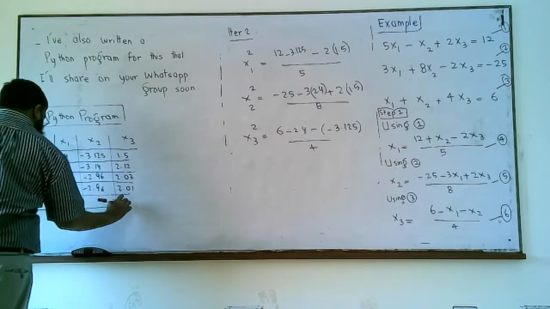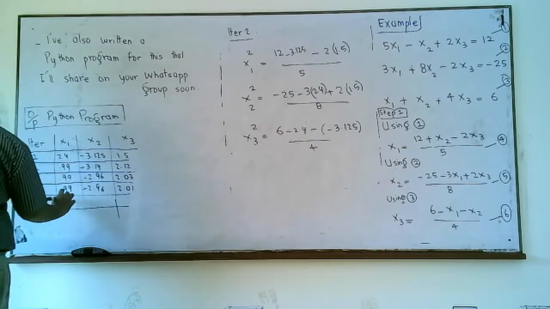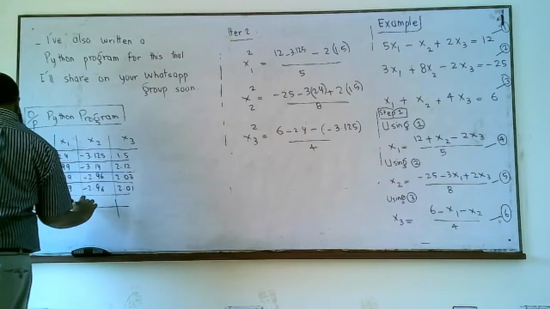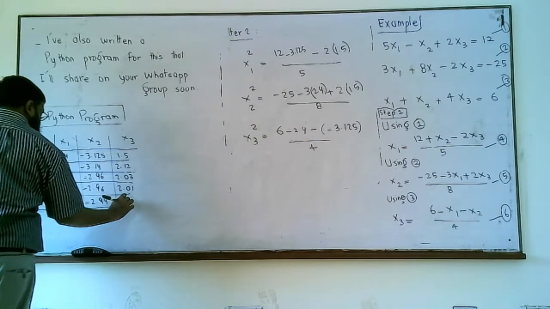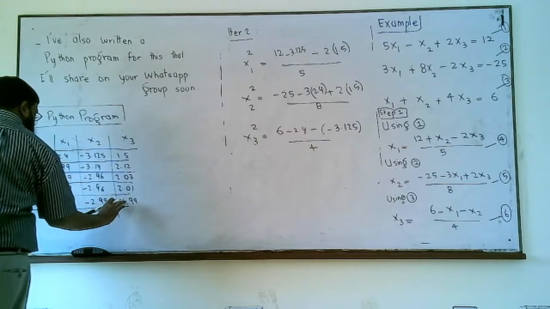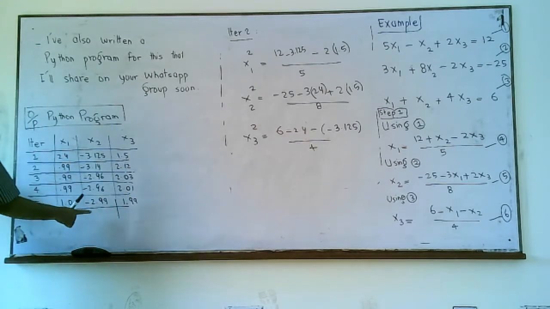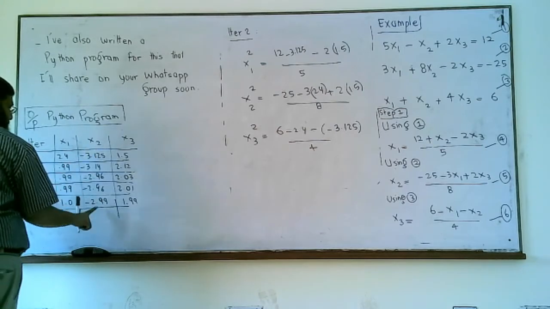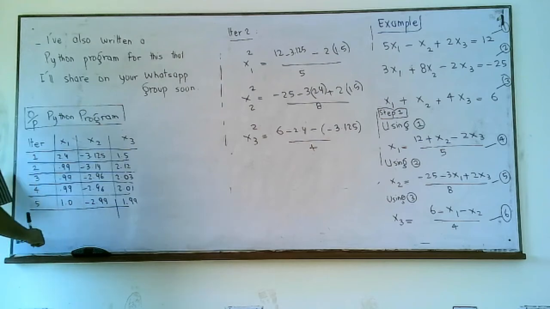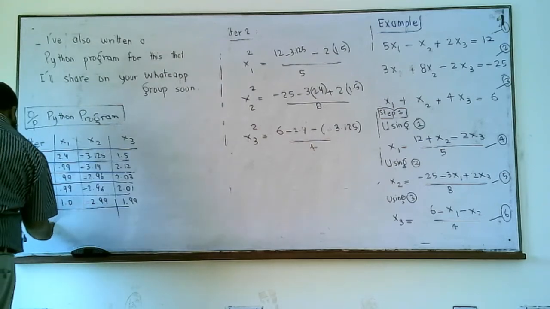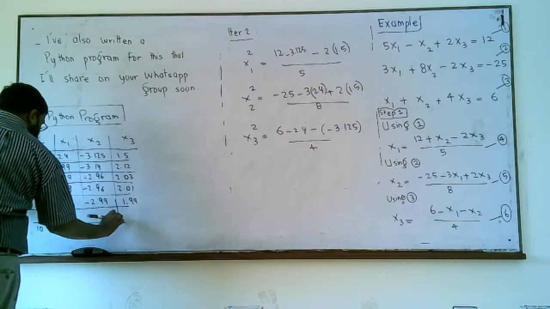At iteration number 5, I get 1, minus 2.99, 1.99. Seems to be converging: x1 converging to 1, x2 converging to minus 3, and x3 converging to 2.